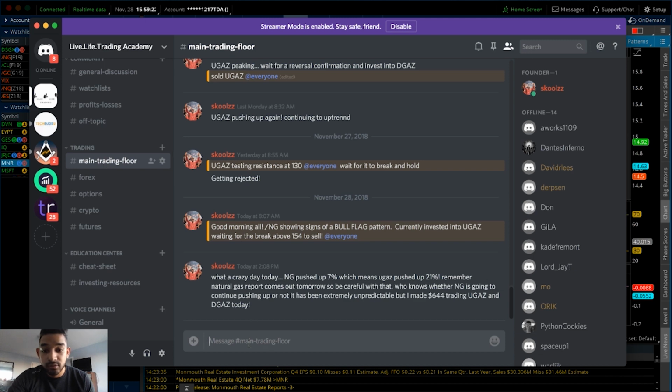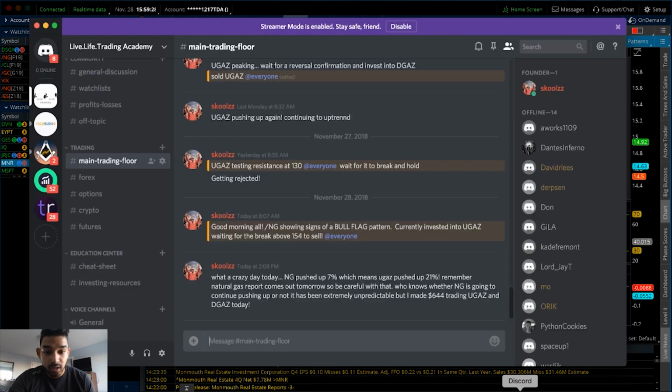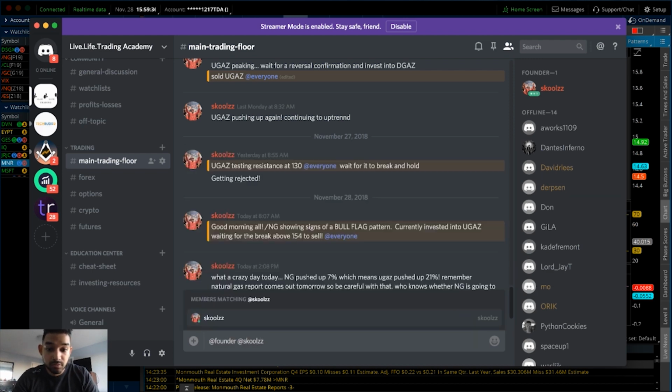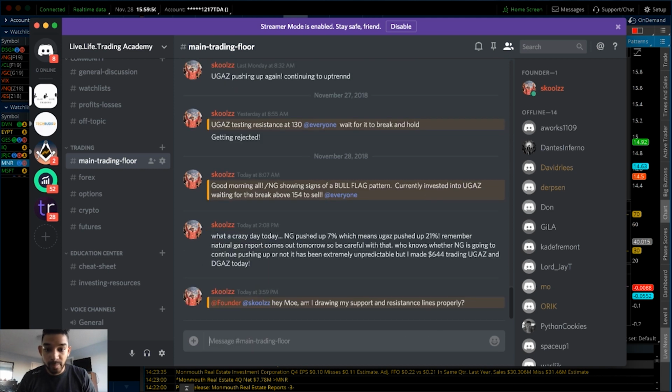All you have to do is take a screenshot of this chart with your support and resistance lines, and then literally go into this box here, type in @founder or @schools, and it'll tag me in it, and then just be like, hey, Mo, am I drawing my support and resistance lines properly? Boom.